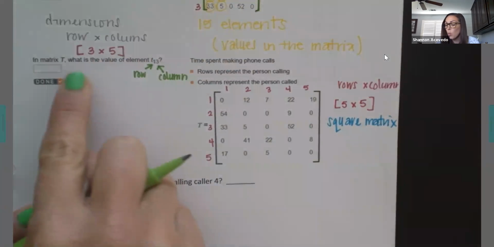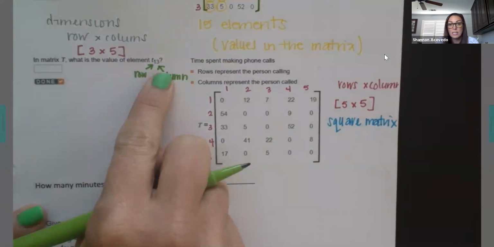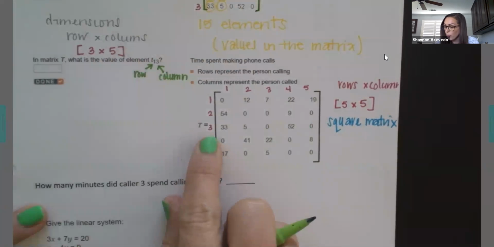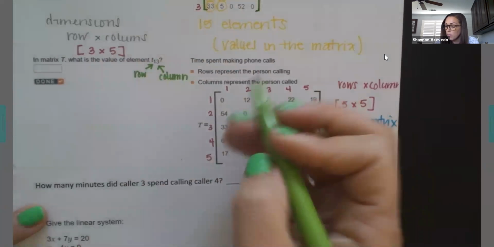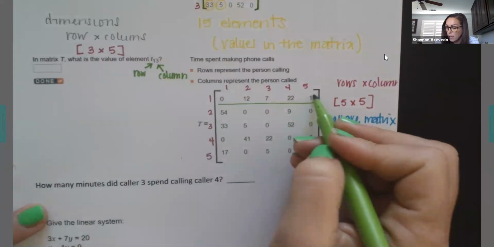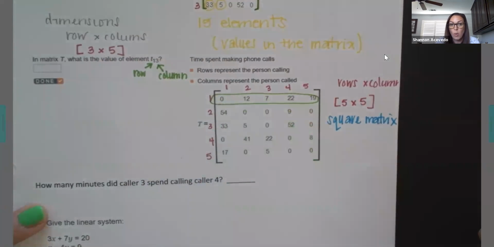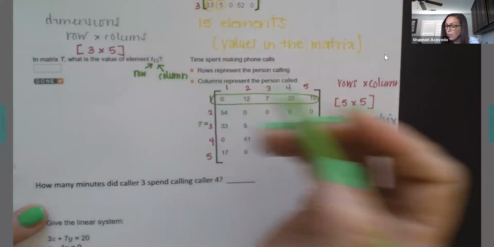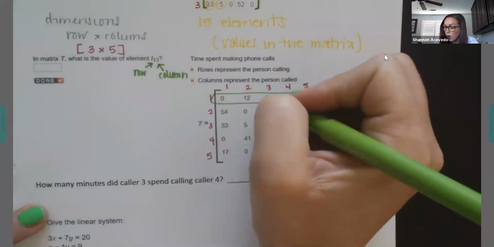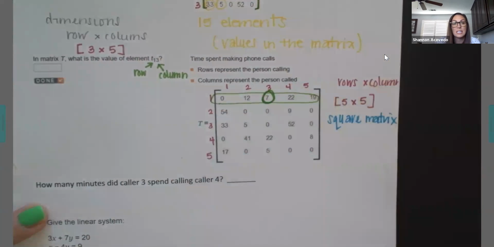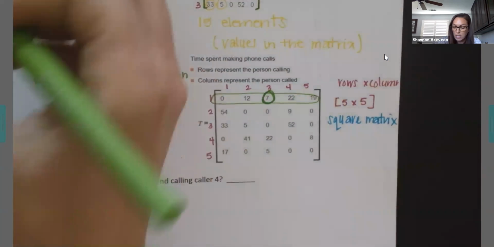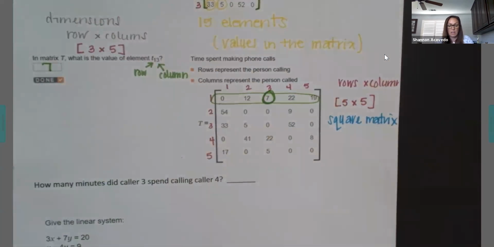So if I want to know what element T1,3 is, I go to my row 1, and I look specifically at column 3. At column 3 is this value of 7. So that element is going to be 7.